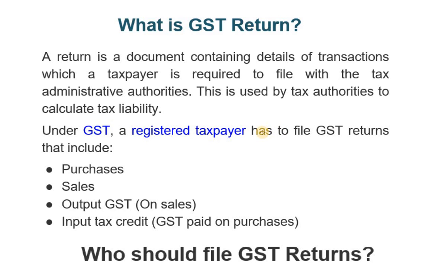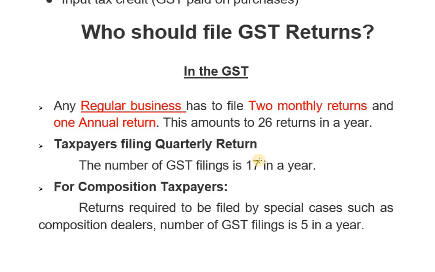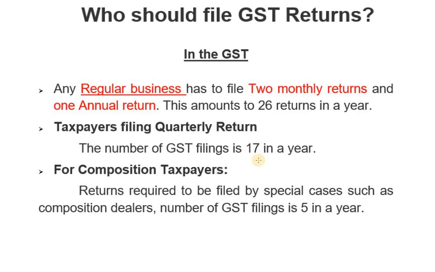Next, who are the persons that are liable to file the GST return? Anyone who has registered under GST, all should file a return. For any regular business, he has to file 2 monthly returns and 1 annual return, and the total number of returns in a year will be 26.